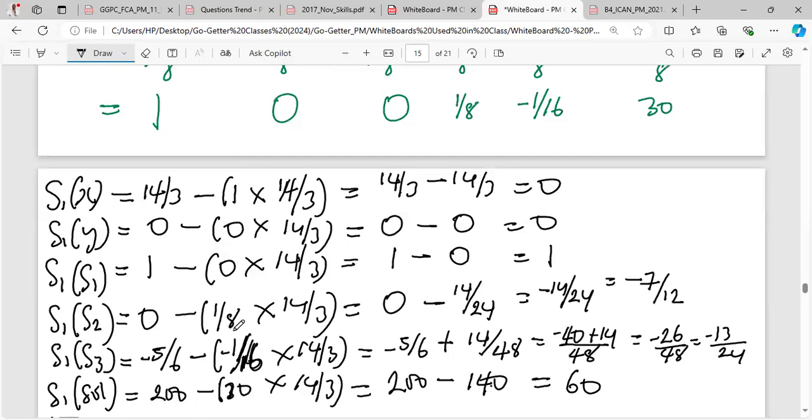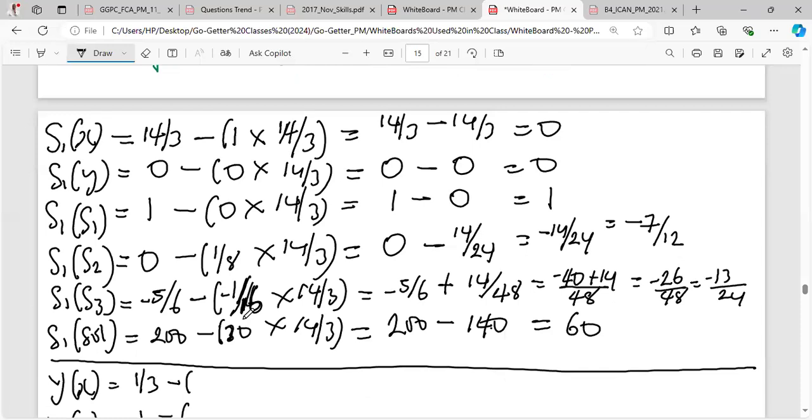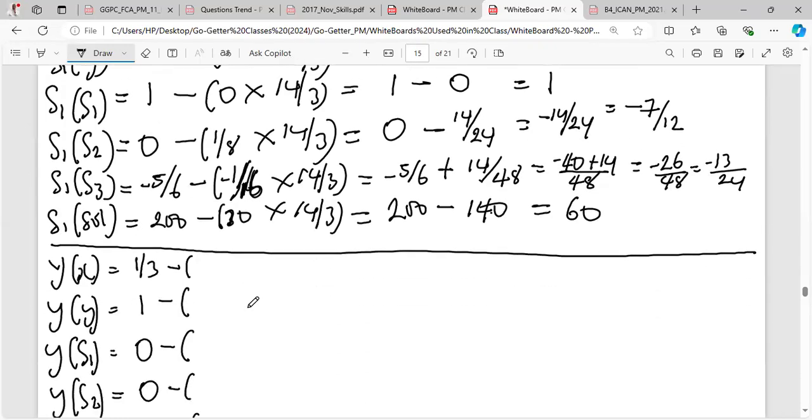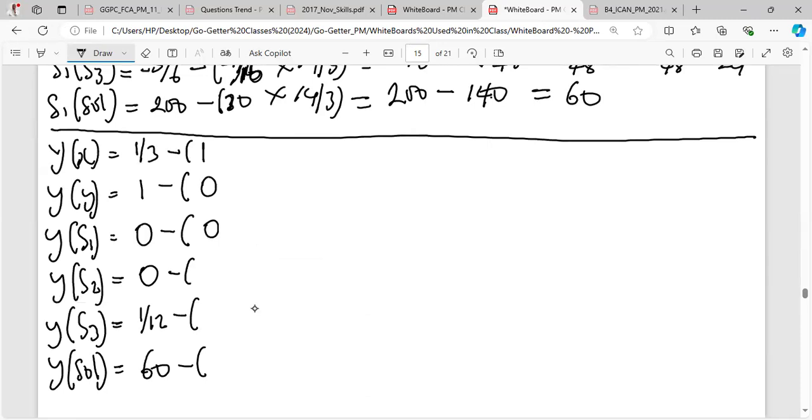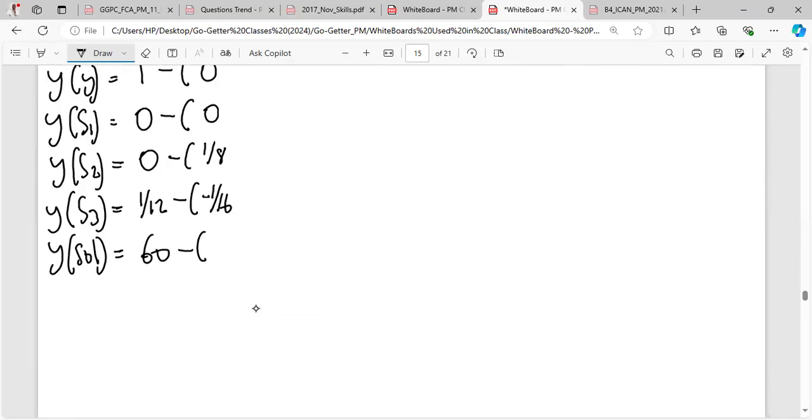All of these figures here: 1, 0, 0, 1 over 8, minus 1 over 16, and 30. We know there's going to be a multiplication.